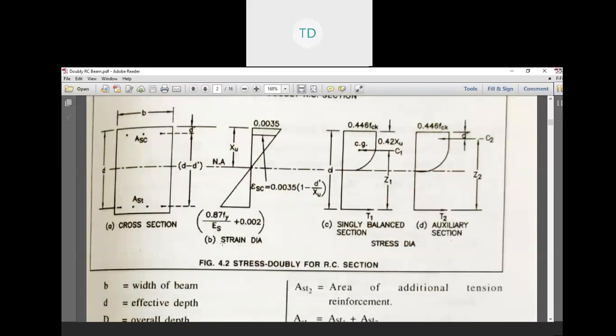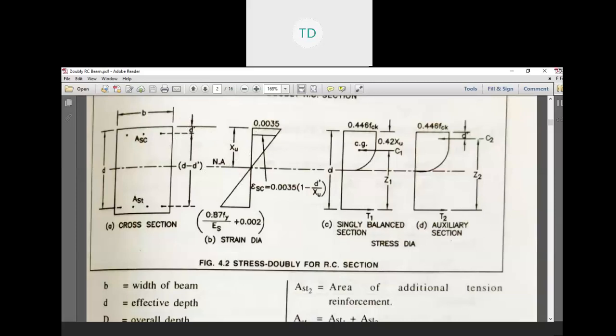Similar to the singly reinforced beam section stress diagram, we also have a doubly reinforced stress diagram in which b is the width of the beam, d is the effective depth, capital D is the overall depth, D minus d dash is the new part, and d dash is the upper side cover of the beam.